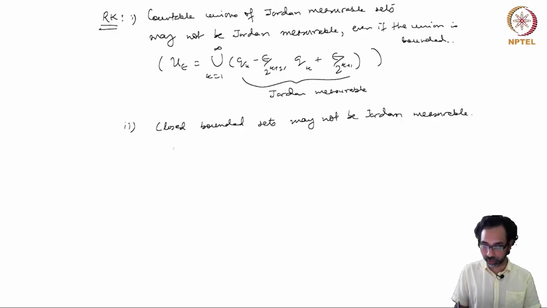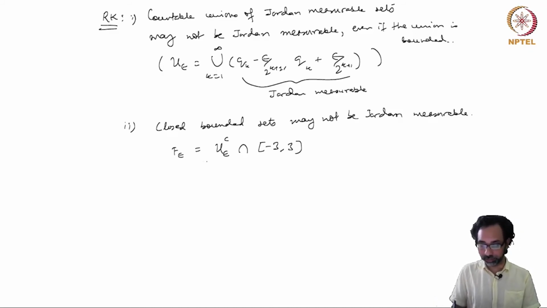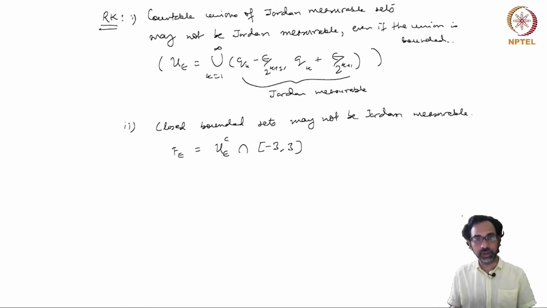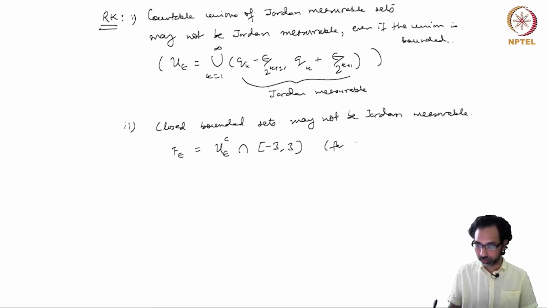So we can take, for example, F epsilon, which is the complement of U epsilon intersected with some big interval, let's say [-3,3], and this set is not Jordan measurable. It's not very difficult to see that F epsilon is not Jordan measurable for epsilon small enough, of course.